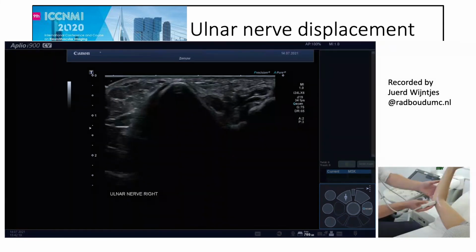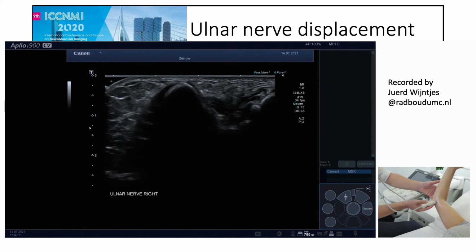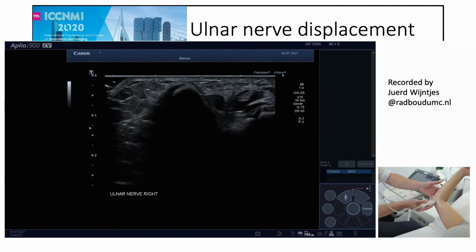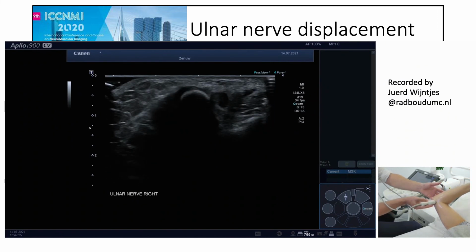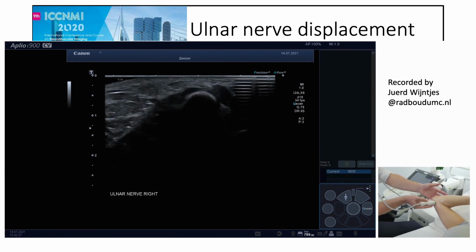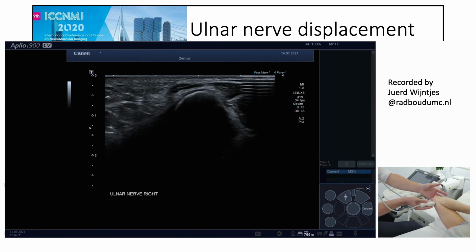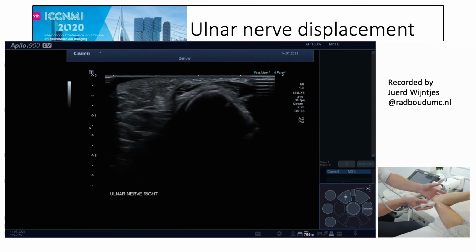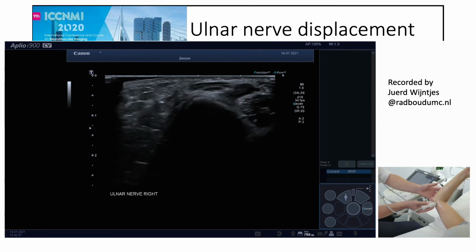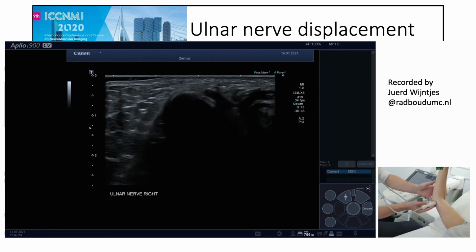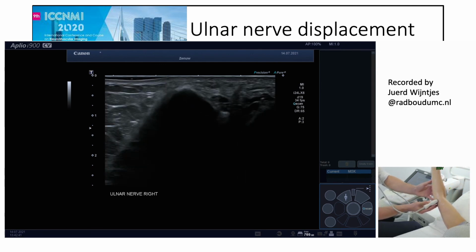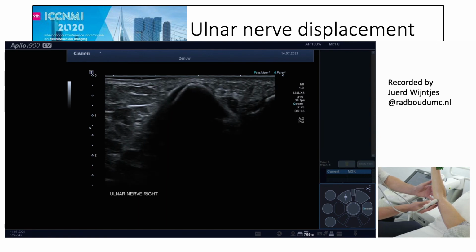And then the last thing is to show displacement of the ulnar nerve. Now we see the ulnar nerve at the medial epicondyle, deep down. And now when the patient flexes the elbow, actually you see that the nerve jumps over. So this is the complete dislocation of the ulnar nerve at the elbow. See? Now it's in the physiological side.